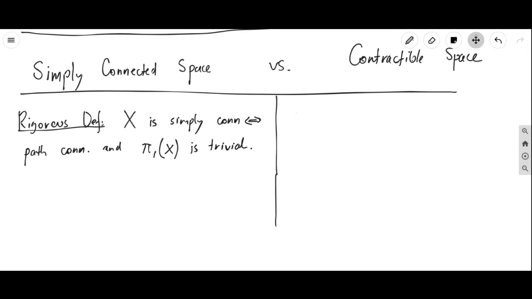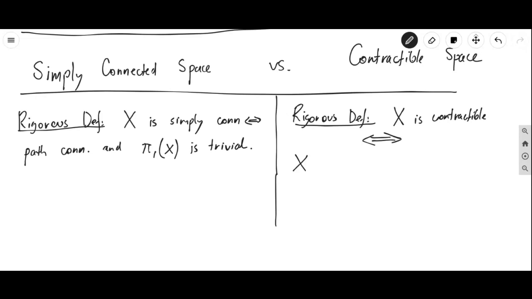And the rigorous definition of a contractible space is X is contractible if and only if X is homotopic, so not homeomorphic, I'm not sure what symbol to use for homotopic, so I'll just write it like that, homotopic to just a single point. So it's a different definition.